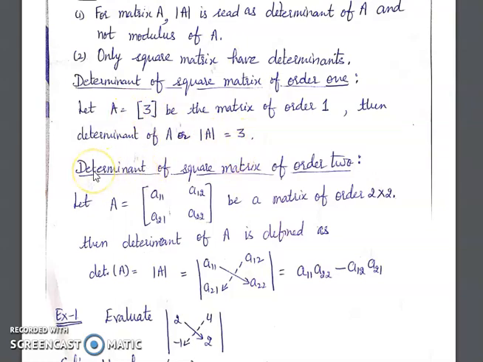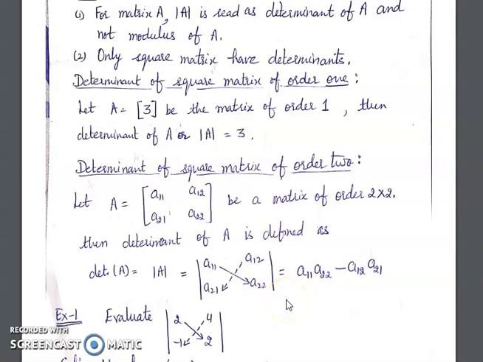Now come to the determinant of a square matrix of order 2. Let A have 2 rows and 2 columns, so a11, a12, a21, a22 is a matrix of order 2 by 2. Then the determinant of A is written with the elements between two bars.